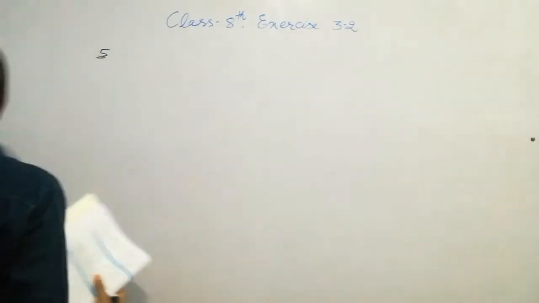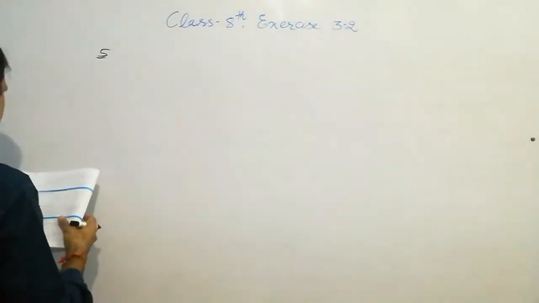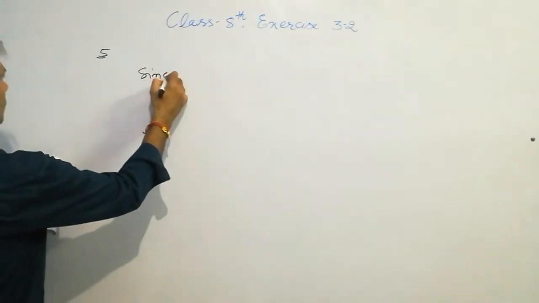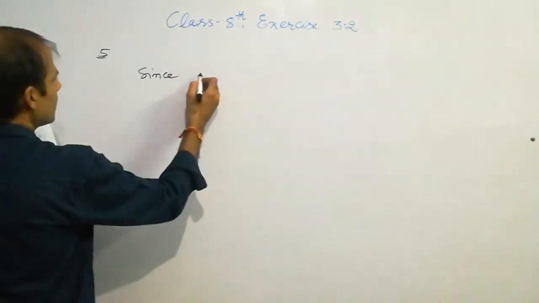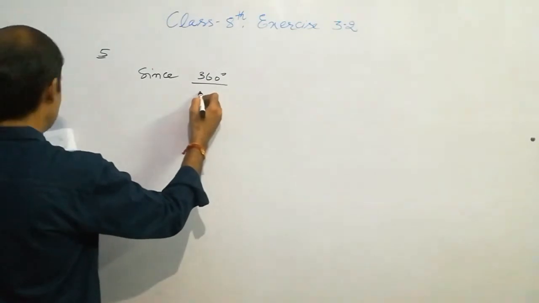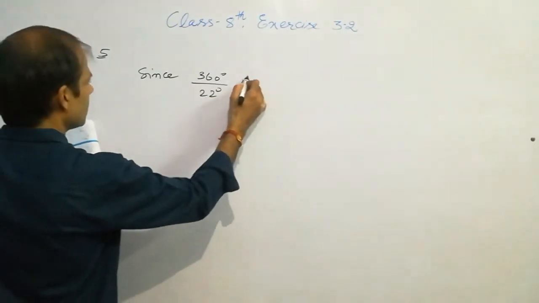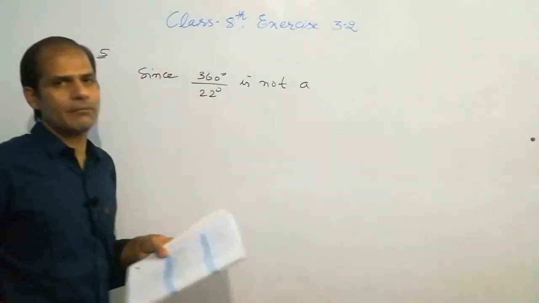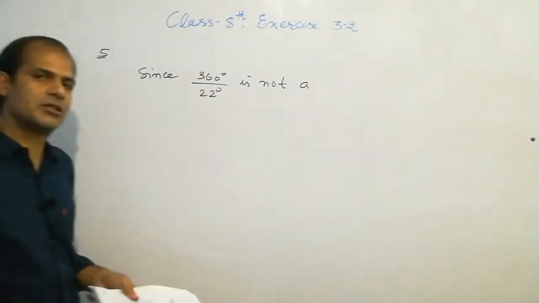Now what should be the reason? We have to write that is it possible. So write the steps in this way. Since 360 degree upon 22 degree is not a natural number. Okay, हम होल नंबर नहीं लिखेंगे बिकॉज होल नंबर में जीरो भी आता है.